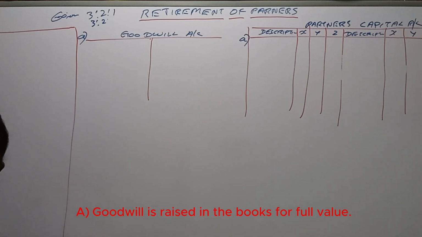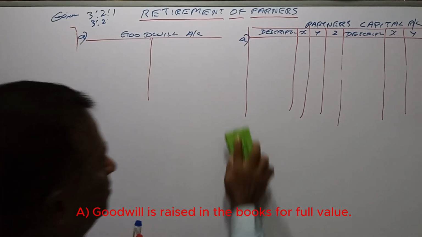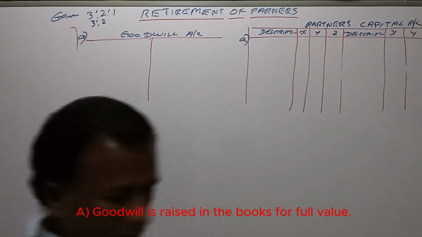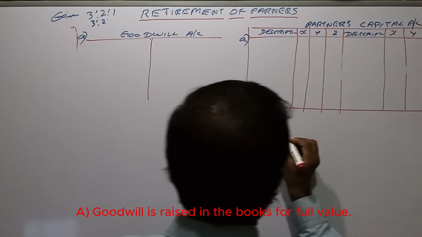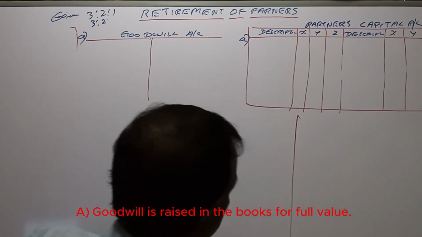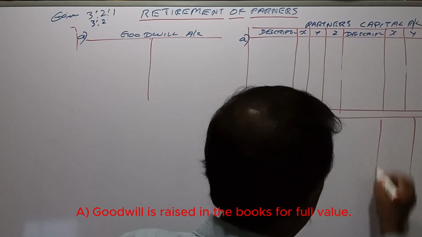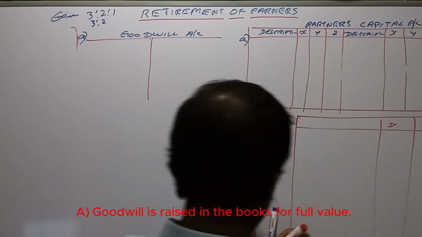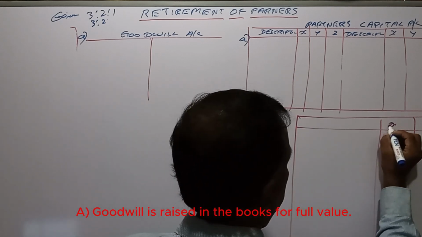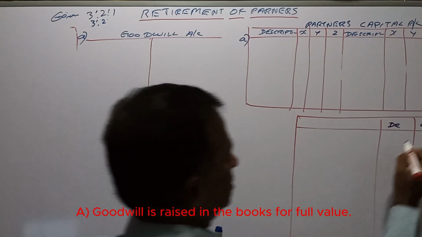We can write journal entries, debit and credit, right?